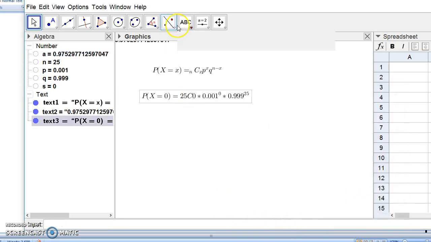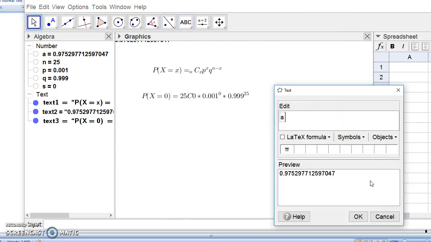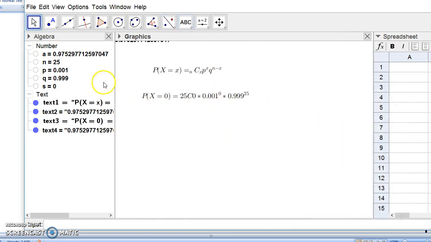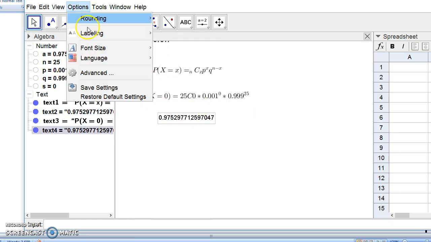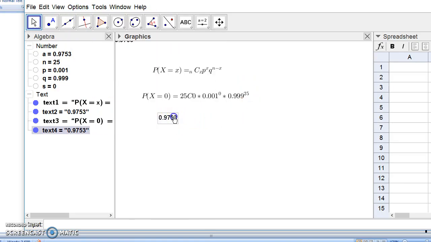Put it in as a number. Okay. Our probability here of this occurring, and maybe round this to a more reasonable number now. So there's a 97.5% chance that none of the parts are defective, which is quite likely. I mean, it was only 1 out of 1,000 that they would be likely.